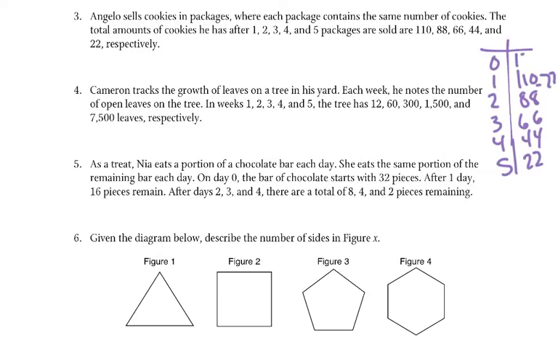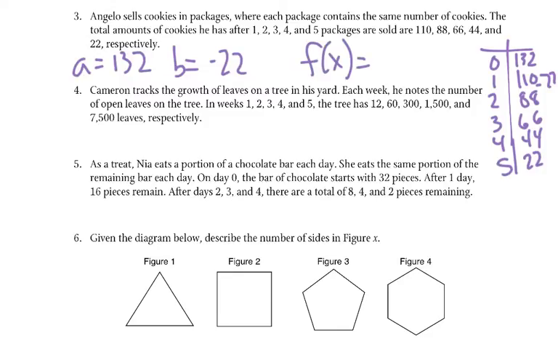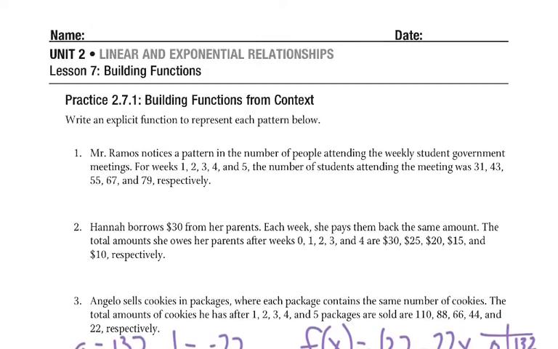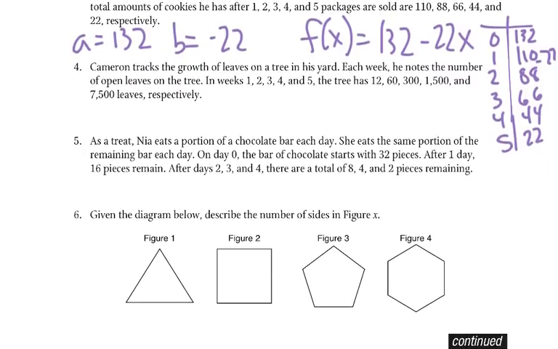So this would be 132. So our start number would be 132, and our growth would be subtracting 22. So we go f of x equals, so far all of these have been linear, haven't they? 132 minus 22x, right? We're just following where I'd written the linear version.